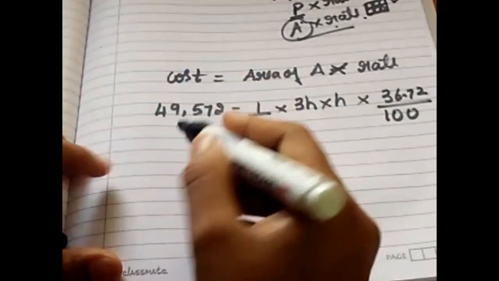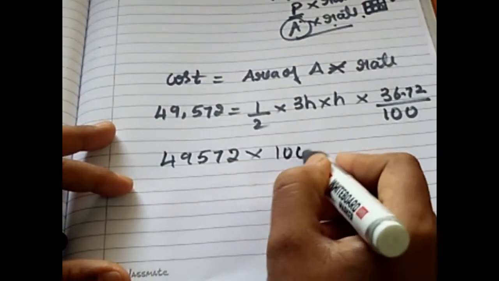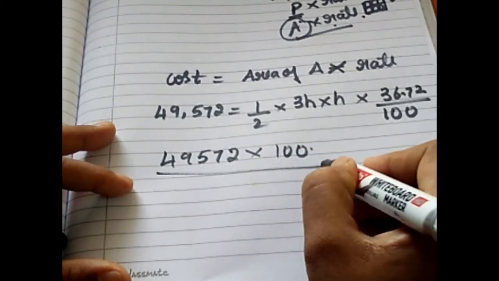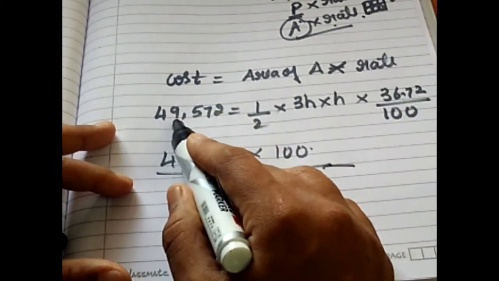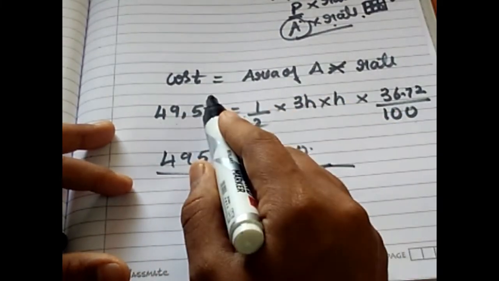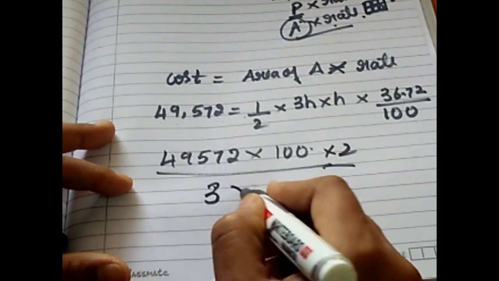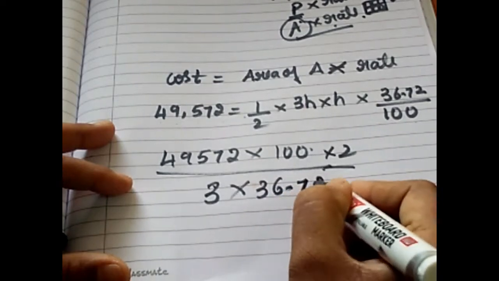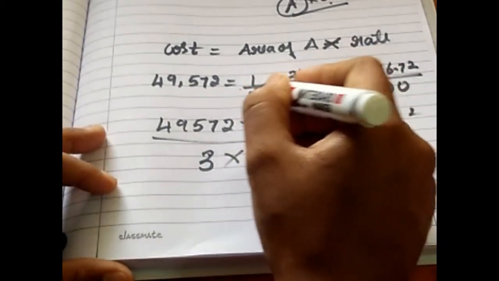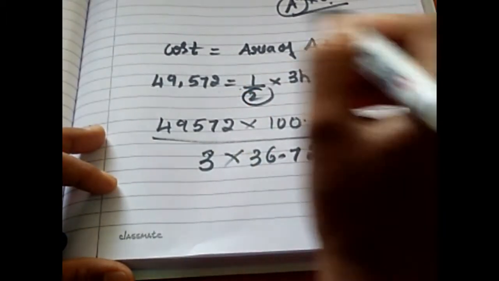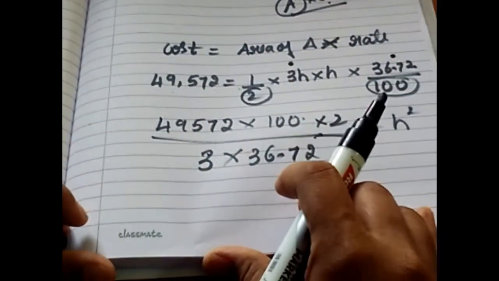Now shift everything to the left hand side, that is 49,572 into 100, just cross multiply, 49,572 into 100 into 2 whole divided by 3 into 36.72 is equal to h square. So h into h is h square. So 2 and 100 to the numerator, 3 and 36.72 to the denominator.